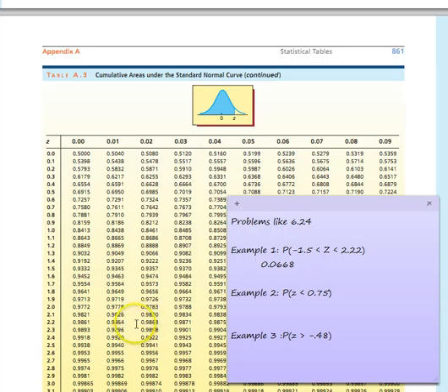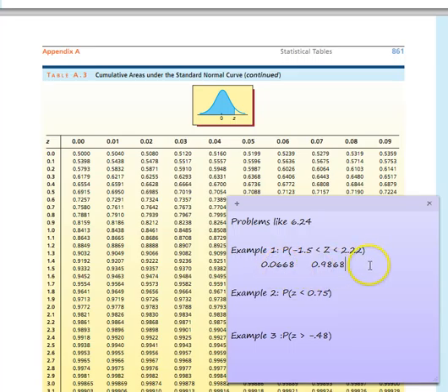Now if you read that carefully, it looks like it says 0.9868. So let me jot that down. 0.9868. Okay. Now, if I want to find the probability that z lies between these two standard deviations, and here are the probabilities, all I have to do is subtract from this value the smaller value.